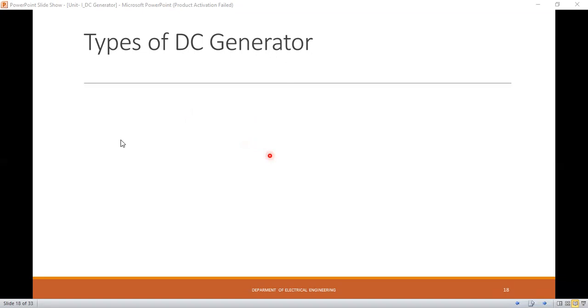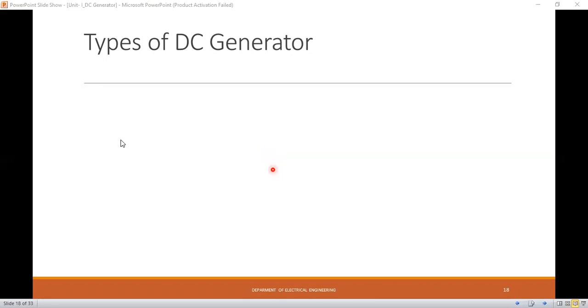By taking a single turn, we understood the actual working principle of the DC generator, how it works, and which types of winding can be used. This we have already discussed.